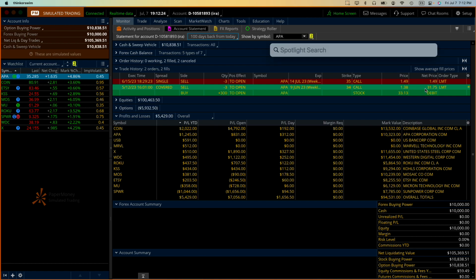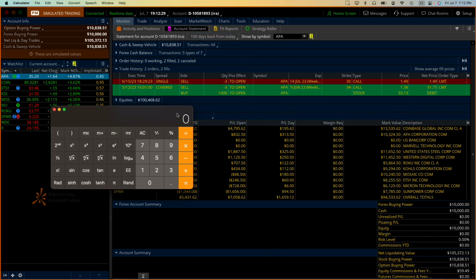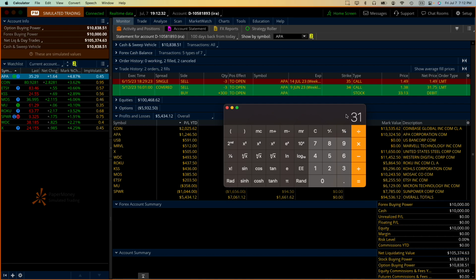Let's do that with a calculator. Your original price was 31.75, and by selling the option here we had a credit of $1.49. So this price is reduced by $1.49, and this is the value of the trade now when you adjust it. Let's analyze that.